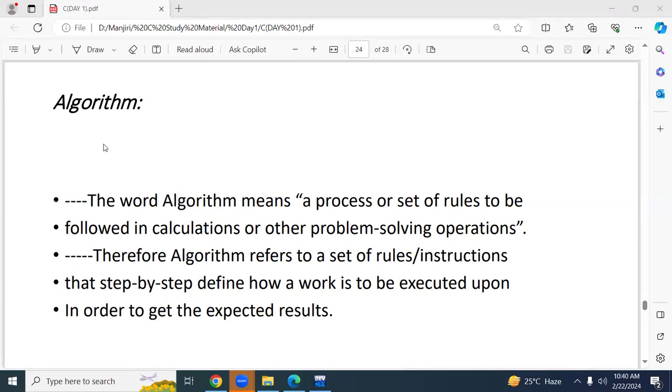So what happened over there? For handling a single computer, we need to communicate with lots of people. So at that time, whatever programming was done on that supercomputer was done with a combination of 0 and 1, machine language only.